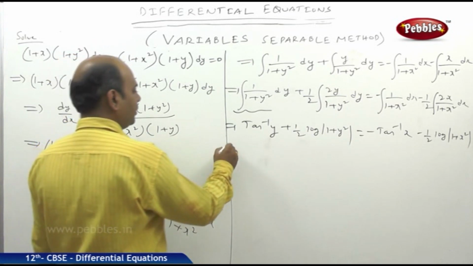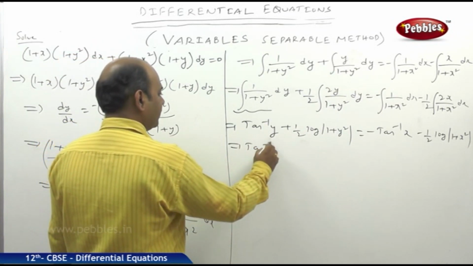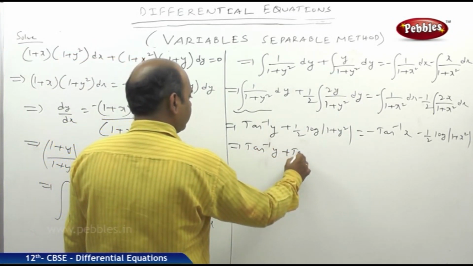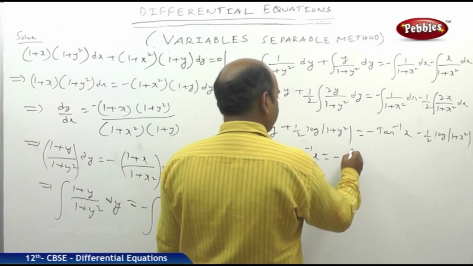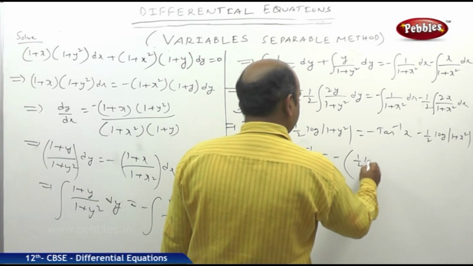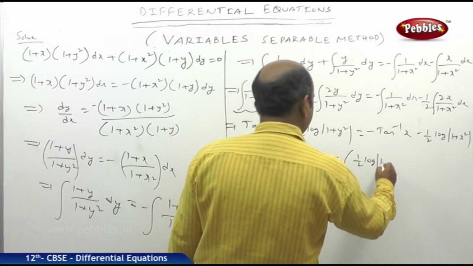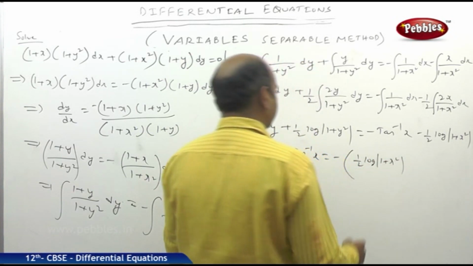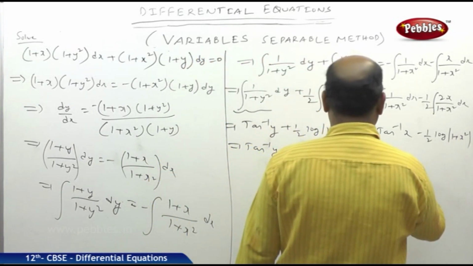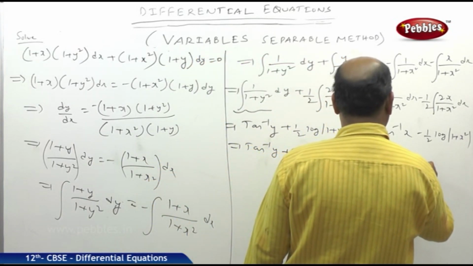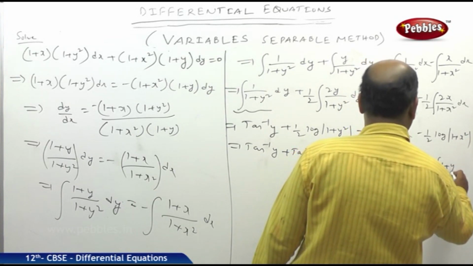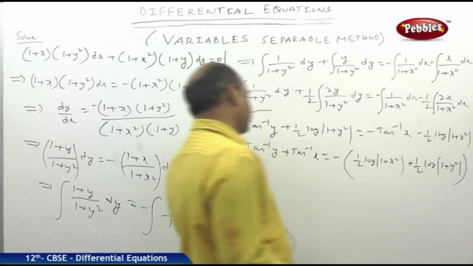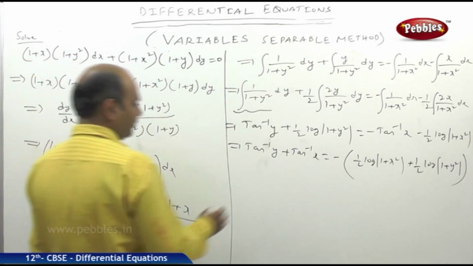Later I will bring tan inverse y plus tan inverse x to one side, that is equal to minus 1 by 2 log mod (1 plus x square) plus 1 by 2 log mod (1 plus y square). I can take 1 by 2 outside also.